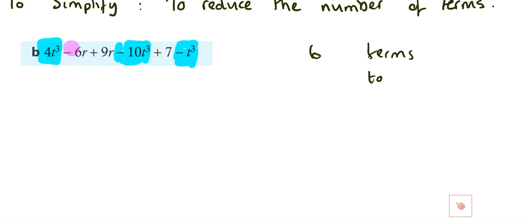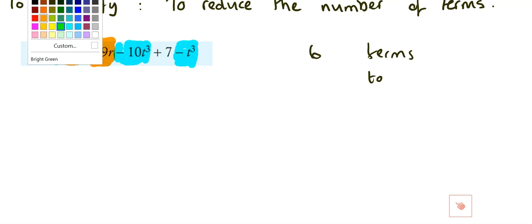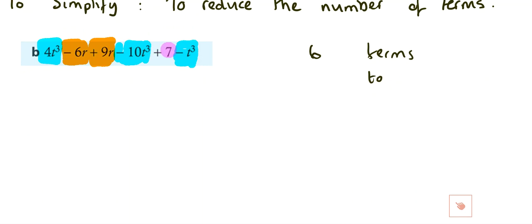So then we've got negative 6r plus 9r. They're already together. That's nice and easy. And then there's just a nice plus 7 on its own. So my next stage is to write out those together.